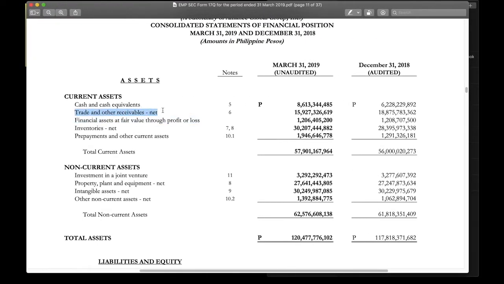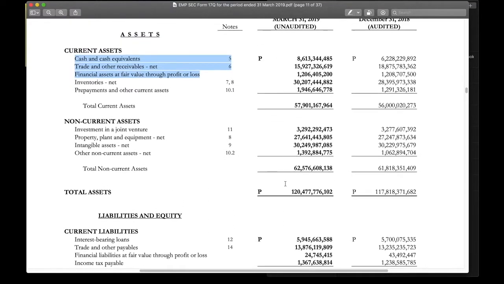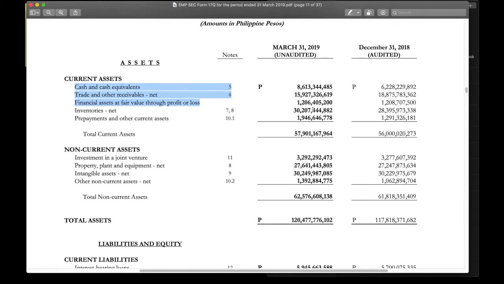Ito. So, meaning to say, ang quick ratio is the summation of these first three parts of the current assets divided by its total current liabilities. Ibig sabihin, hindi ito ang kukunin mo na total current assets. Ito lang, yung tatlo lang na to. Mababawasan ito.